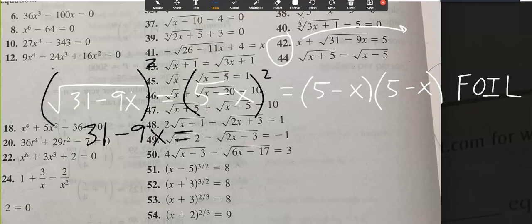Is that what it turns into? You're getting warmer. Okay, foiling? There is a 25 and there is an x squared, but what about the insides and the outsides? You're right. You did the first and the last, but you forgot the insides and outsides, so you would have to do those as well, and that would be negative 5x and negative 5x, which really would be negative 10x.